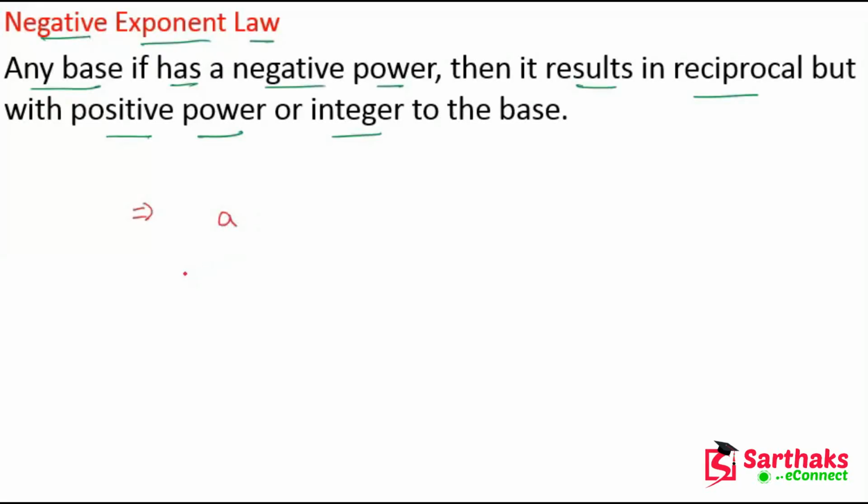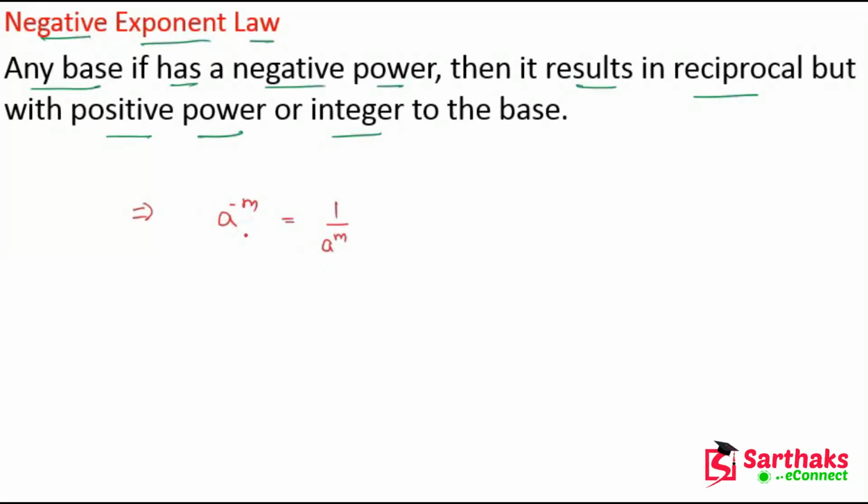Let's suppose this is the base, and it has a negative power, like a raised to power minus m. The result is the reciprocal with a positive power, so this is equal to 1 upon a raised to power m.